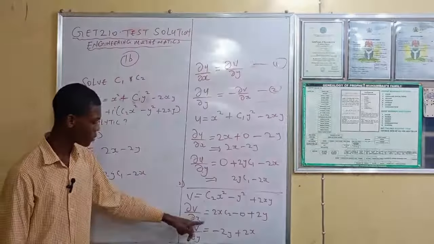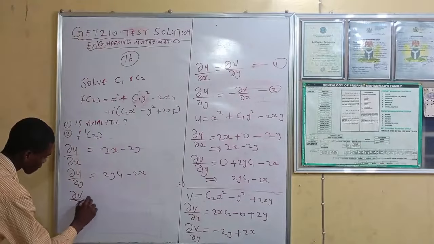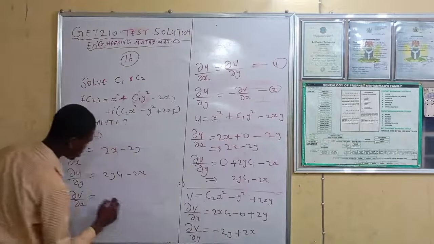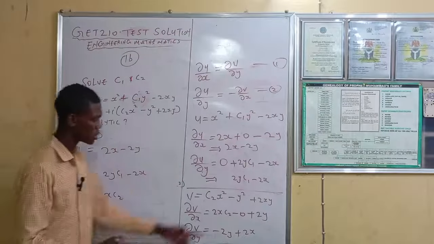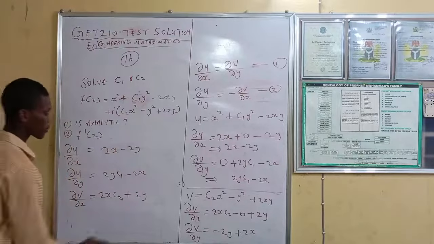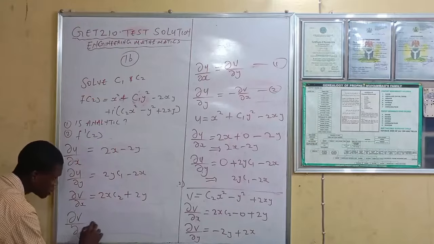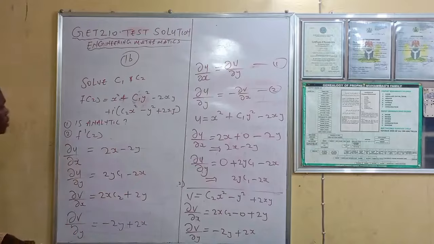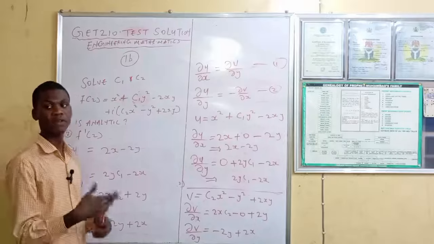Derivative of v with respect to x, and that's what? From here, what do we have? That's 2x c2 minus 0, which is the same thing as saying plus 2y, right? Then the last one, partial derivative of v with respect to y is equals to minus 2y plus 2x, right? These are the derivatives of the real part and the imaginary part.